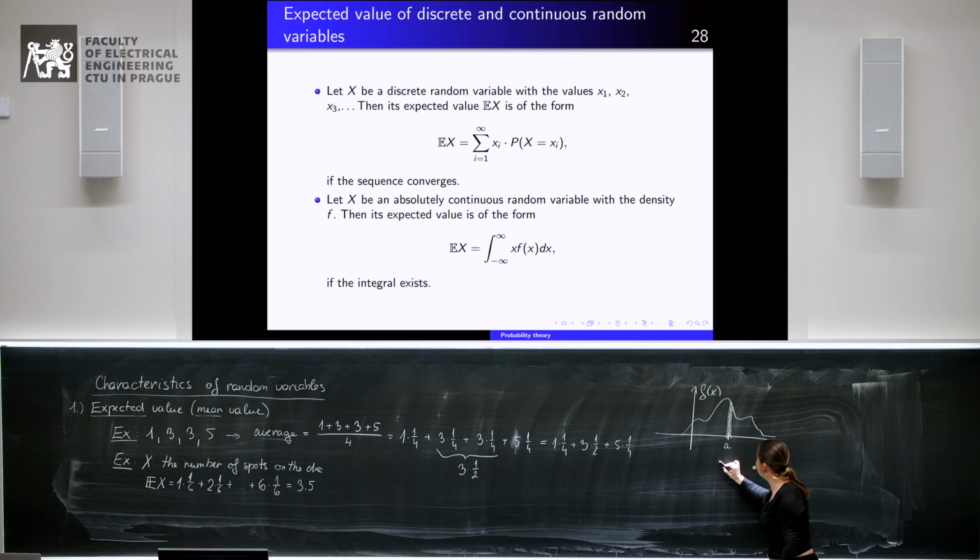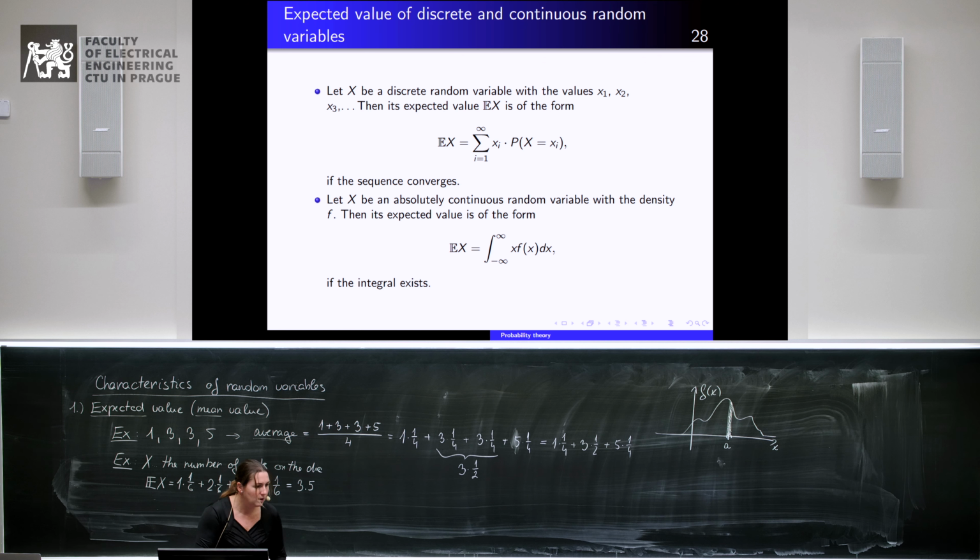And so in fact, the probability that we obtain something from the interval dA, from some small neighborhood of A, is equal to this area. And so therefore the probability that X is equal to A is replaced by the density dx.